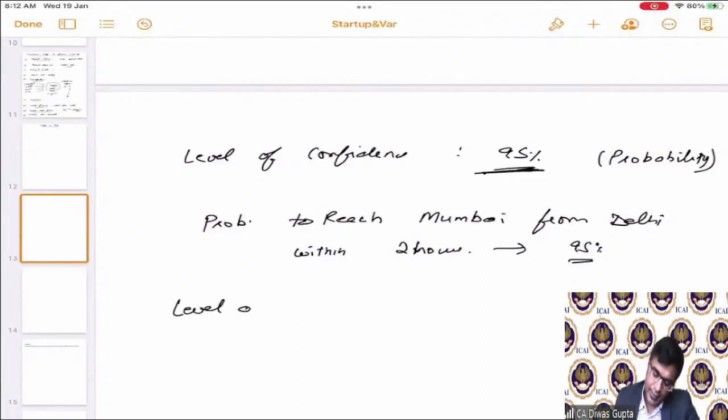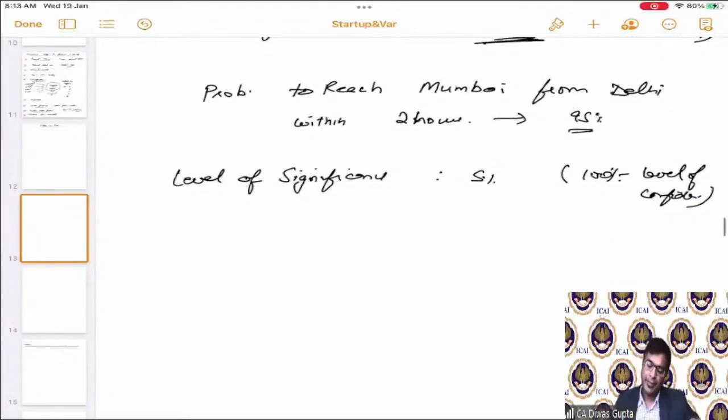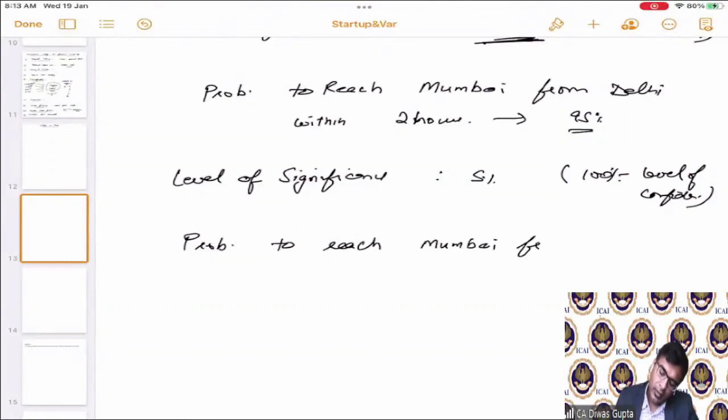Level of significance is actually 5%, which is 100 minus the level of confidence. So what does this level of significance mean? The probability to reach Mumbai from Delhi beyond 2 hours is 5%.